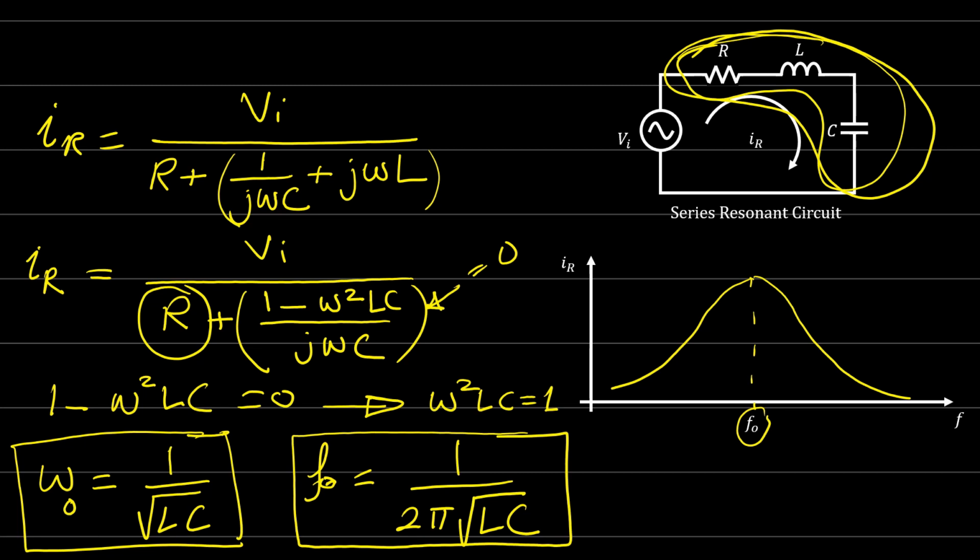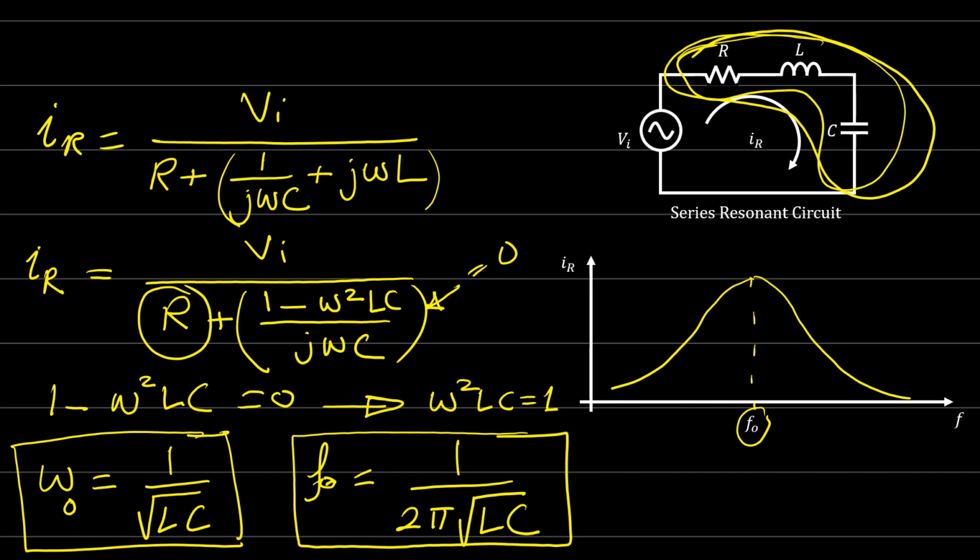So if we add an additional circuit, we can cancel the effect of these parasitic elements and increase the power transfer.